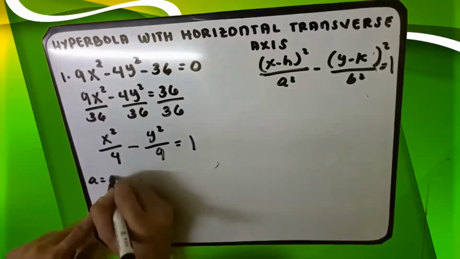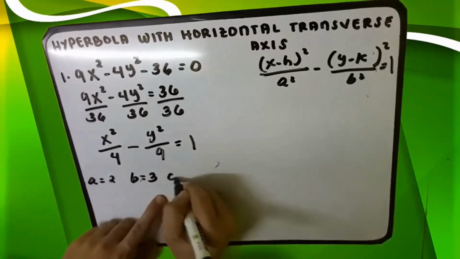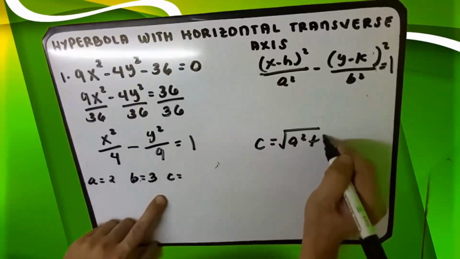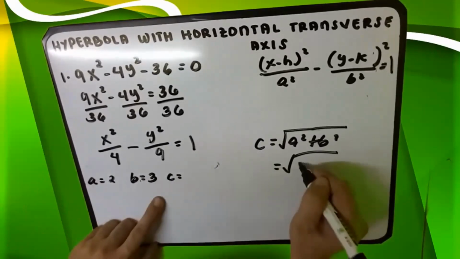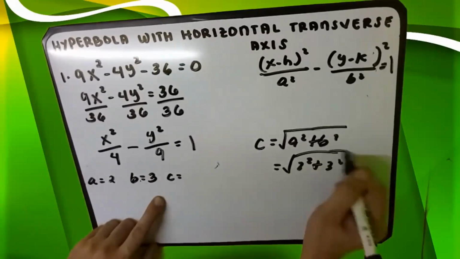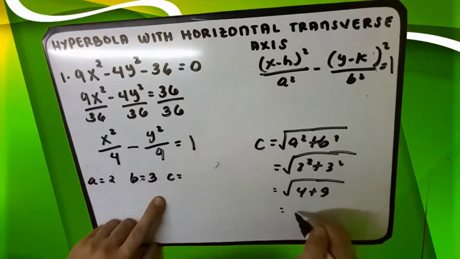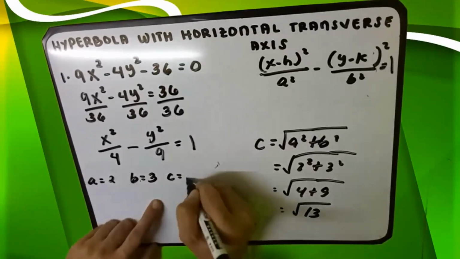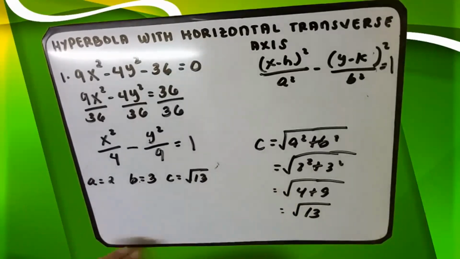So A natin is 2, B natin is 3, at C natin ay, C is equal to square root of A square plus B square. So that is square root of A natin is 2 square, B natin is 3 square. Square root of 4 plus 9, square root of 13. So C is equal to square root of 13.